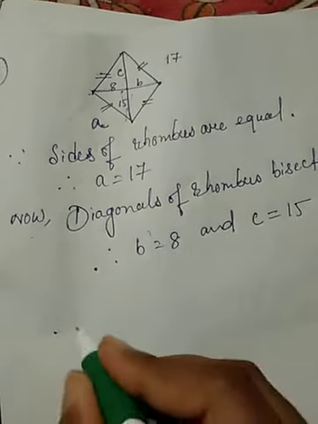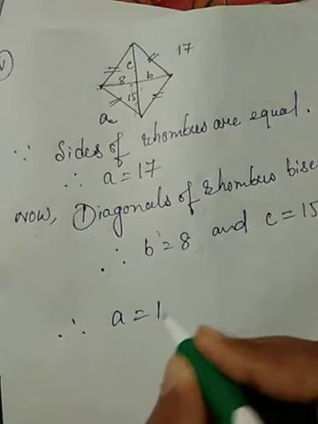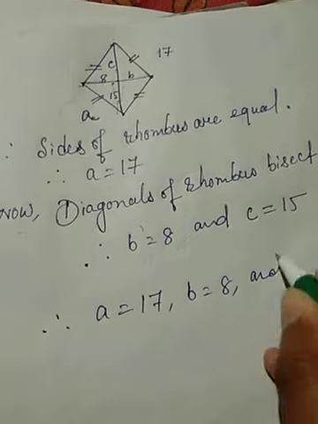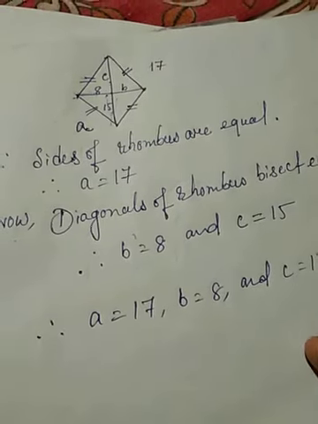Here we find all the values of a, b, and c. Therefore a equal to 17, b equal to 8 and c equal to 15.